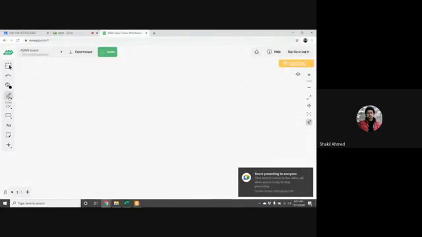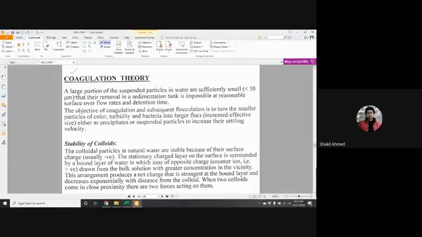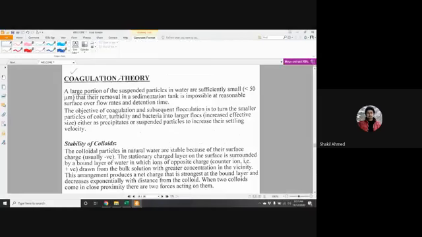First of all, a large portion of suspended particles in water are sufficiently small, which is less than 50 micrometer. You know what is micrometer? Micro means 10 to the power minus 6 meter.